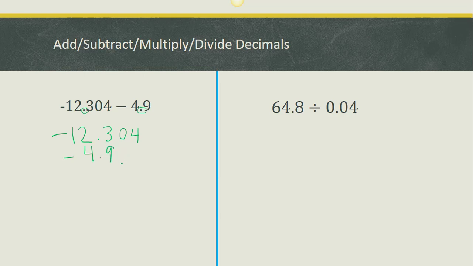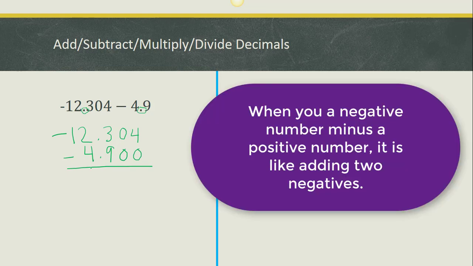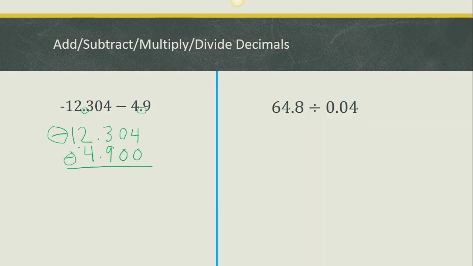Then after that we can add in some extra zeros and subtract. Now this does say minus 4.9, but notice they're both negative. When both numbers are negative, you actually add the numbers together and then keep the negative sign. So we're going to keep this negative sign, but we're going to add these two numbers together.